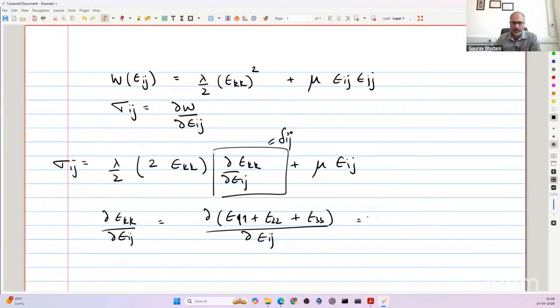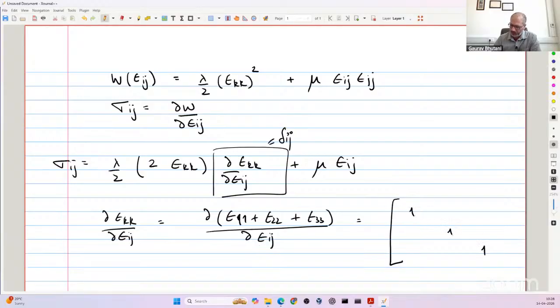Now this is of course a tensor because i and j are two free indices in this expression. If I look at the 1 term, then the denominator becomes del epsilon 1. So the partial derivative of epsilon 1 plus epsilon 2 plus epsilon 3 with respect to epsilon 1 is simply 1.